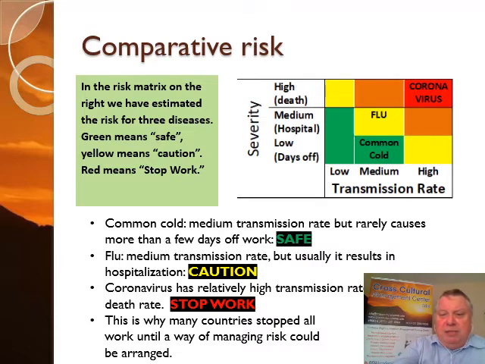When you look at the transmission rate, you have low, medium, and high, right? So let's say they're both in the medium phase, all right? But coronavirus has a relatively high rate of transmission, right? So that means you're more likely to catch it from somebody else.